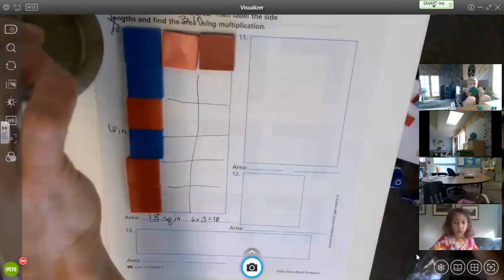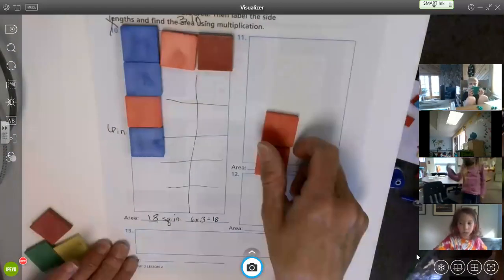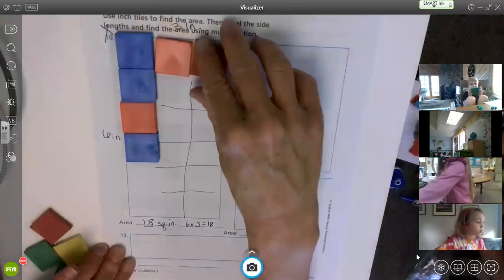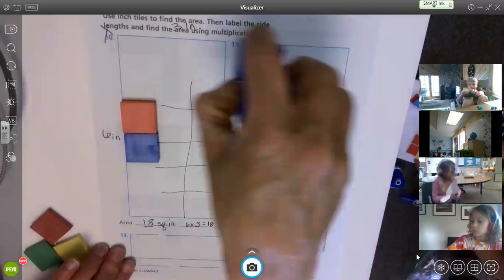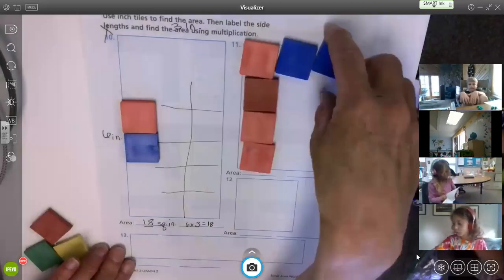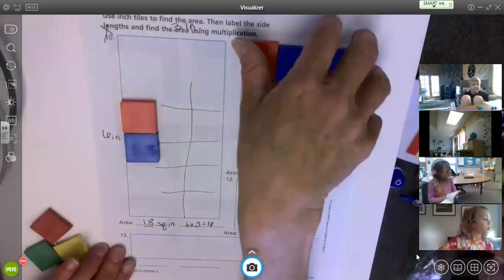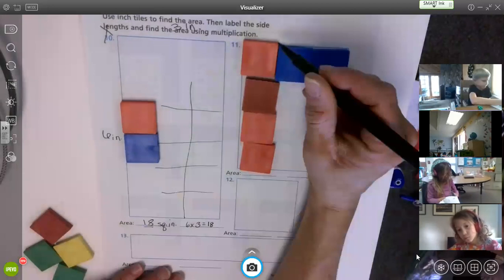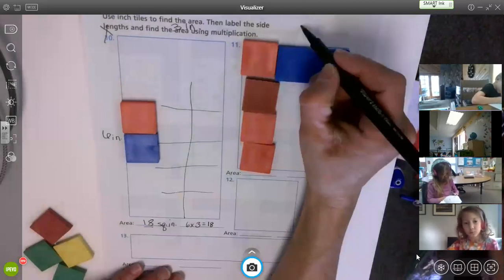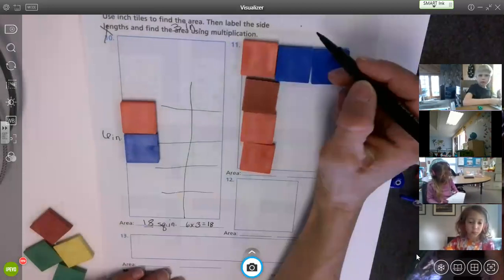So Gavin, looking at number 11, what did you find? And I'm going to do a quick array. What was the length and width? Gavin, can you unmute and tell me the length and width of number 11?